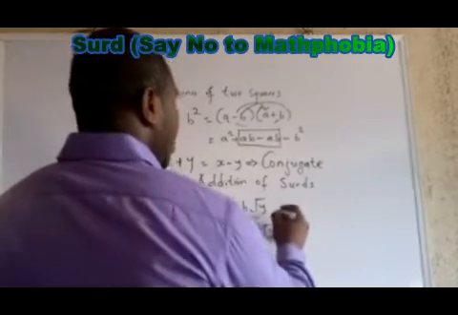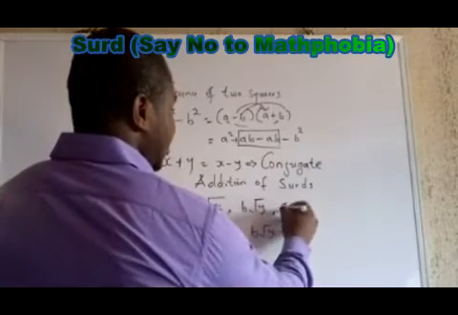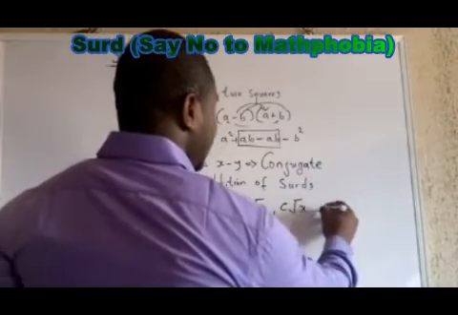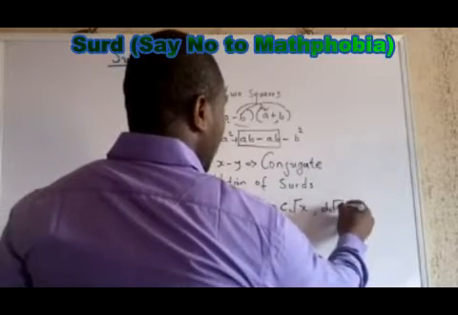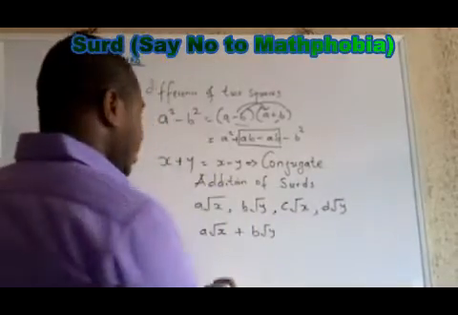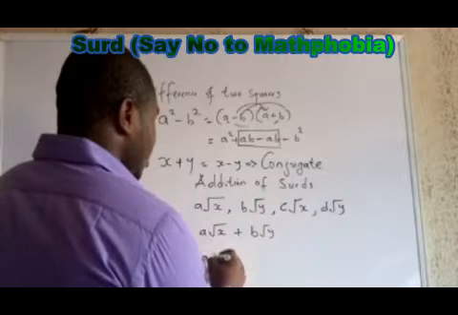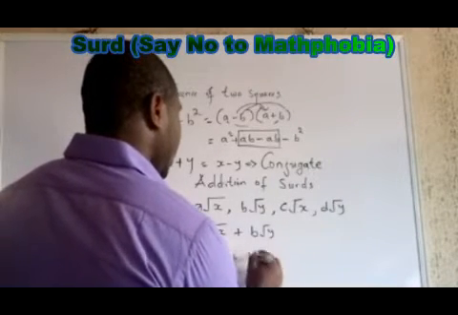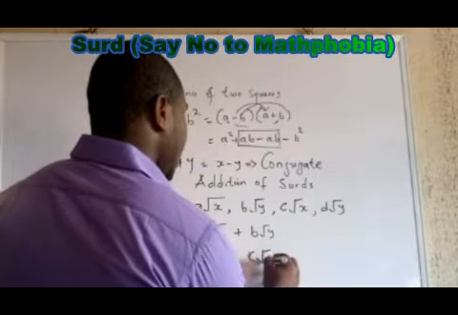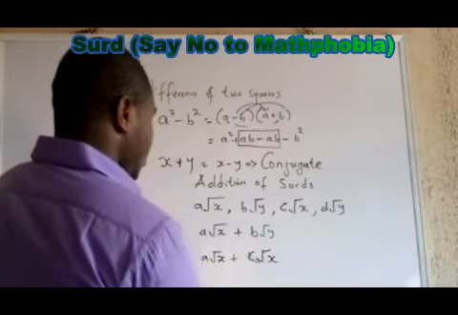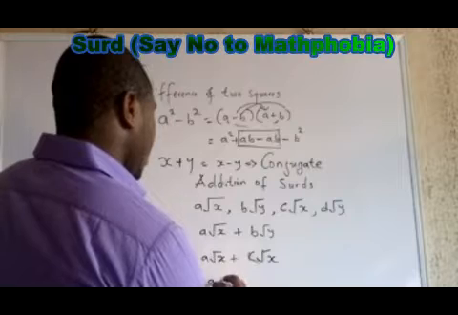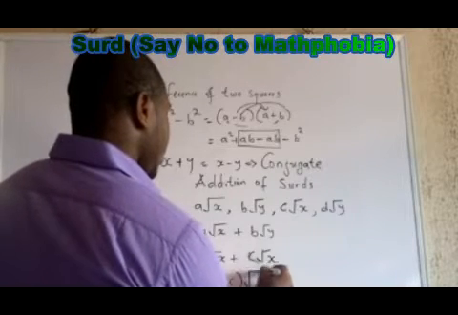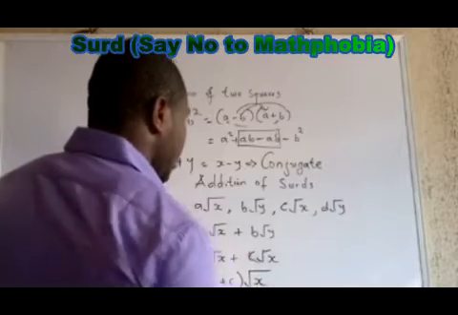Subsequently, if you have other surds like c root x, and then d root y, then a root x plus c root x is going to give you a plus c root x.